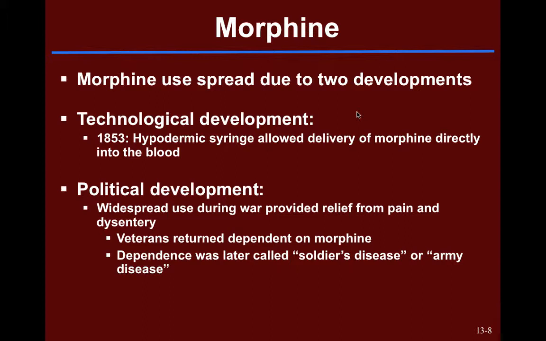It was used as a pain reliever during military conflicts. We saw its widespread use in that setting, and that meant that after people were given it as a pain reliever after battle, veterans could return to their homes dependent on morphine. This morphine dependence came to be called soldier's disease or army disease, because of the widespread use in those settings.